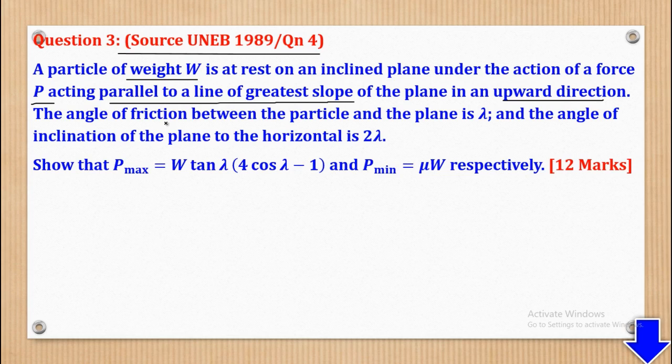The angle of friction between the particle and the plane is lambda, and the angle of inclination of the plane to the horizontal is 2 lambda. Show that P max, or the maximum force of P, is equal to W tan lambda multiplied by 4 cos lambda minus 1, and P min, or minimum force of P, is equal to mu W respectively. So mu is the coefficient of friction.